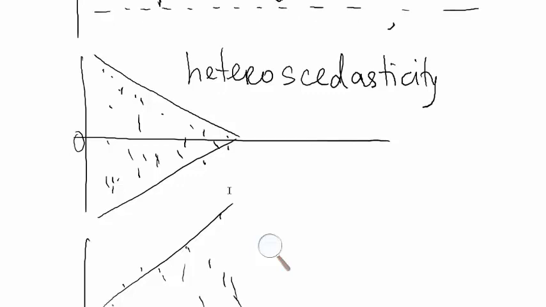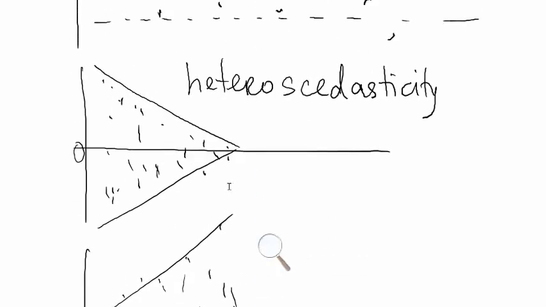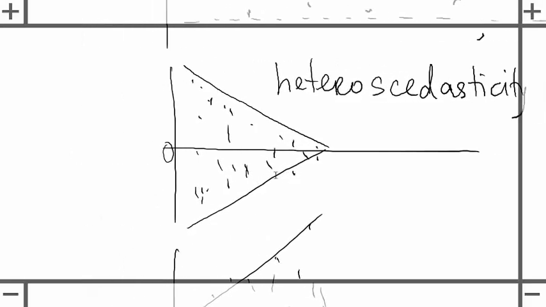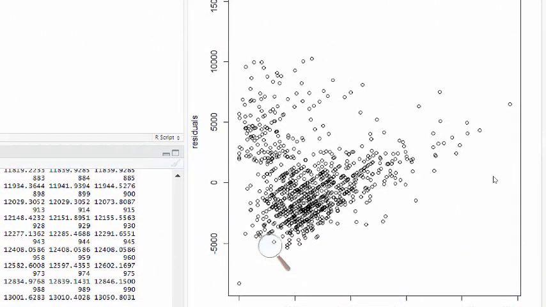Both of these patterns are called heteroskedasticity. That's basically a warning sign. What that means is our model can better, more consistently, predict prices at high mileages, as opposed to low mileages.